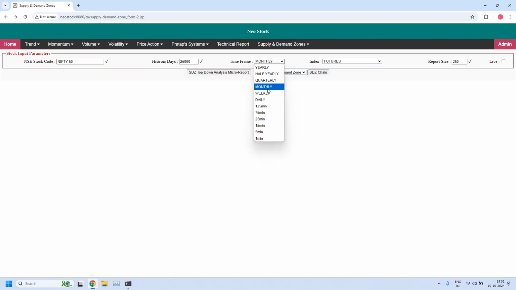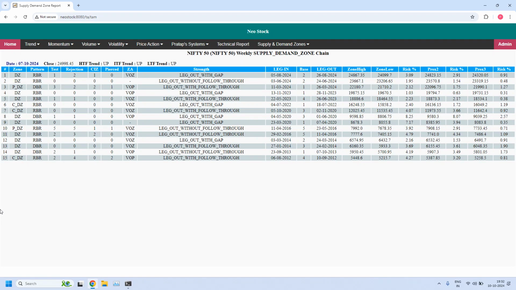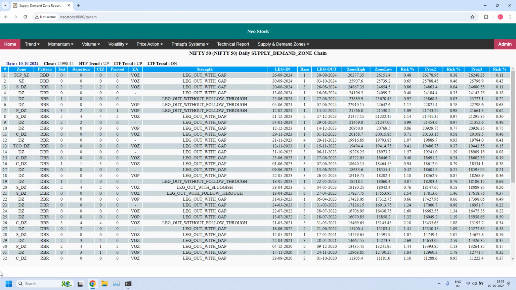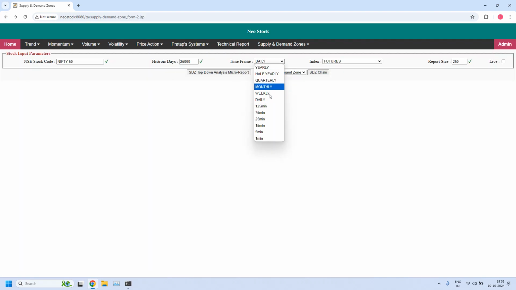Okay, next time frame is weekly, generating weekly supply demand zone chain for NIFTY. Next time frame is daily, generating daily supply demand zone chain for NIFTY. Next time frame is 125 minutes, generating 125 minutes supply demand zone chain for NIFTY.